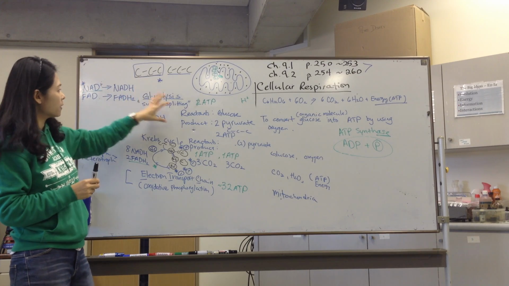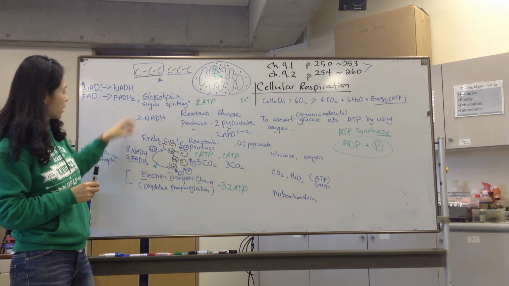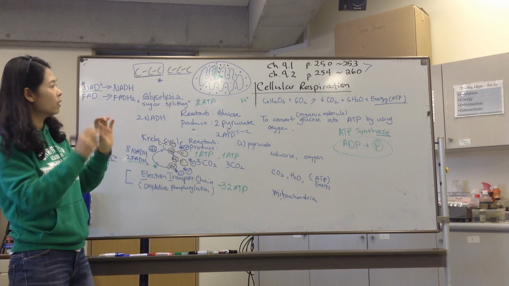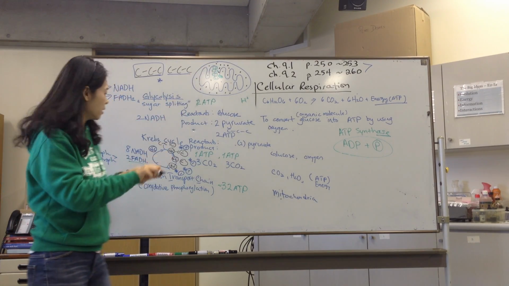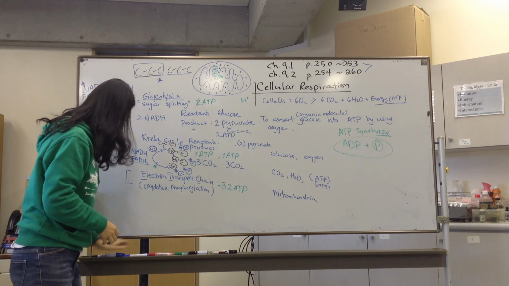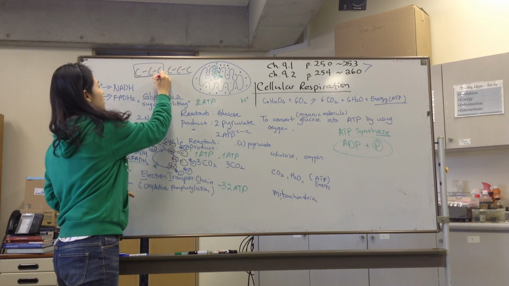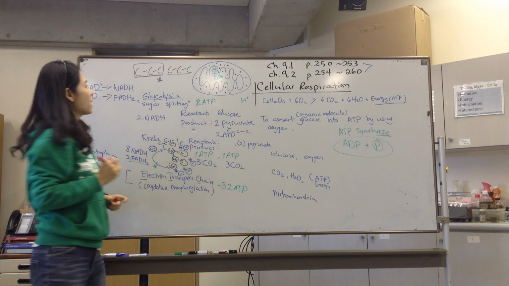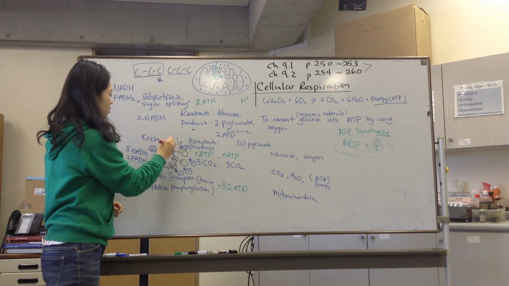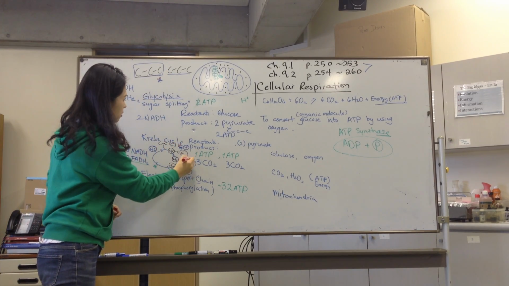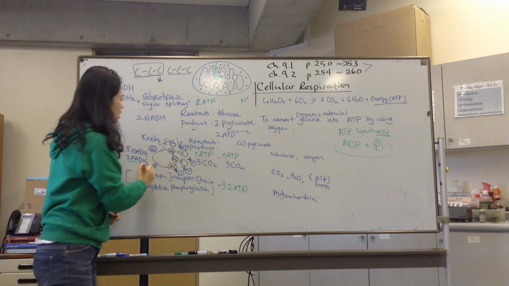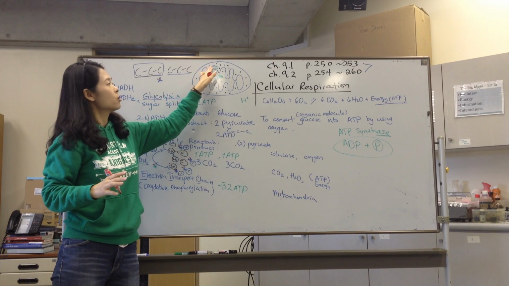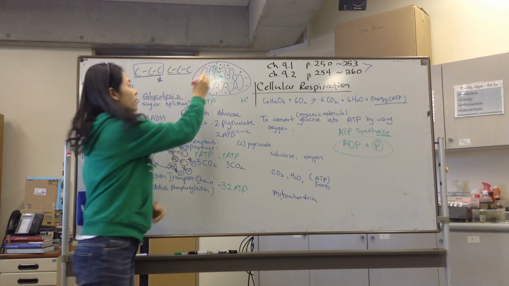So all of these NADs and FADs that have been made so far will arrive at the inner membrane and arrive at the ETC and literally drop off their electrons. So let's say these red dots are electrons. They have picked up these electrons, and they're going to all arrive at the chain and drop off electrons.